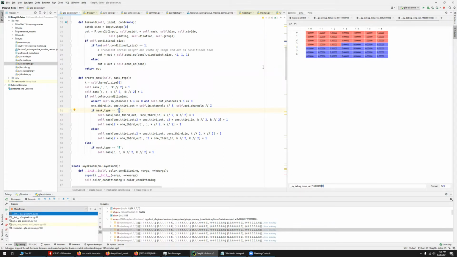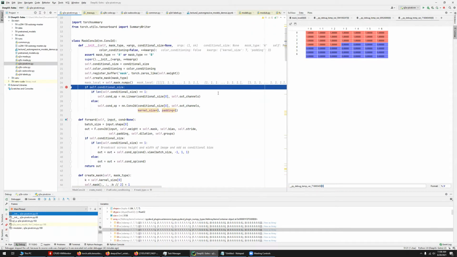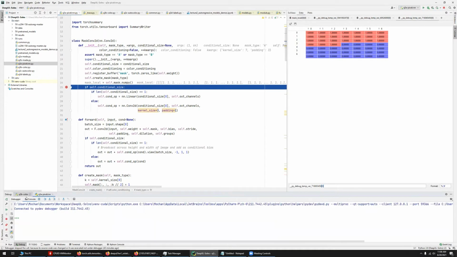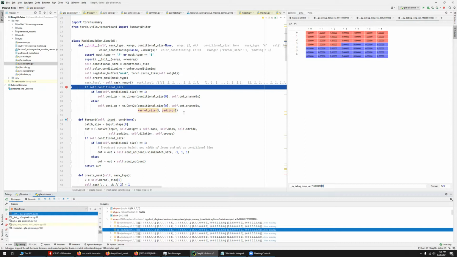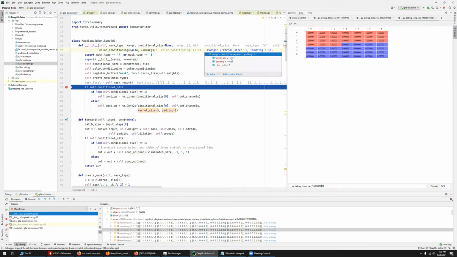This is the first layer, and type A is only used in the first layer. Here's the subtlety. If we look at this CNN, the kernel size is 7, so 7 by 7, and padding is 3.